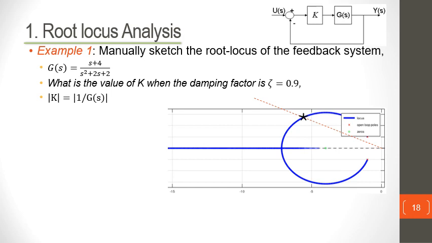Now this means that we have our P equal to minus 5.6 minus 2.6 i.